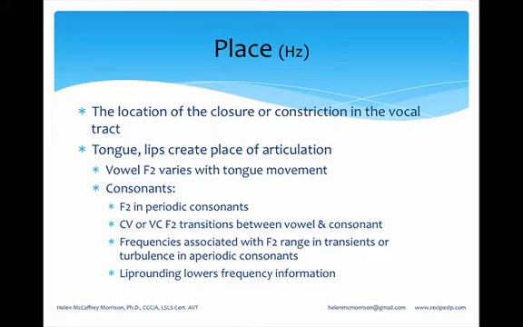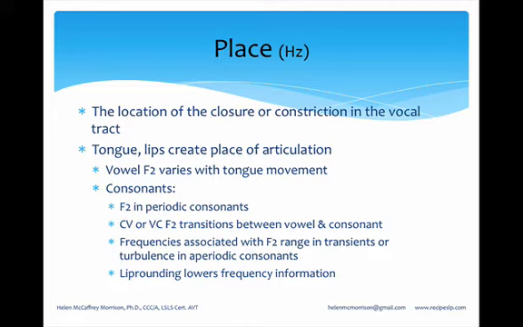And place corresponds to the location of this closure or constriction in the vocal tract. The tongue and the lips are creating this place of articulation, this complete closure or constriction. If you recall, vowel F2, the second formant of the vowel, varies with tongue movement.